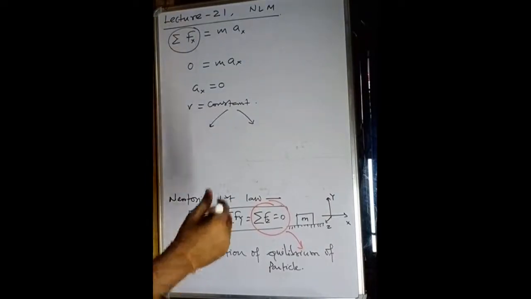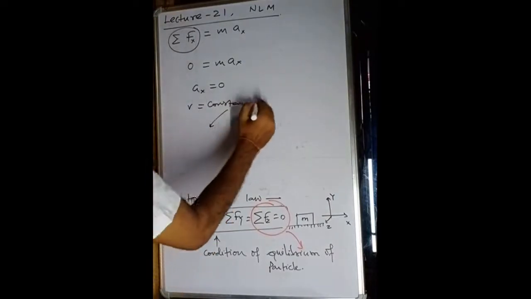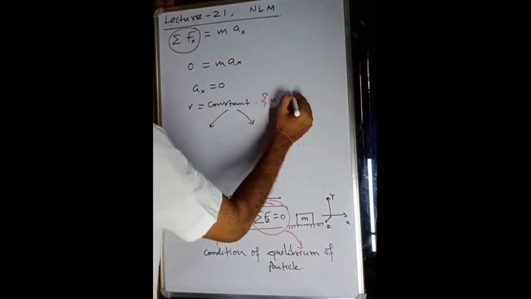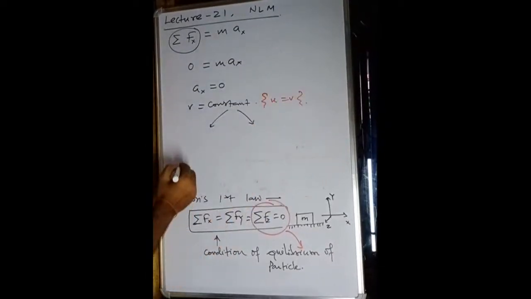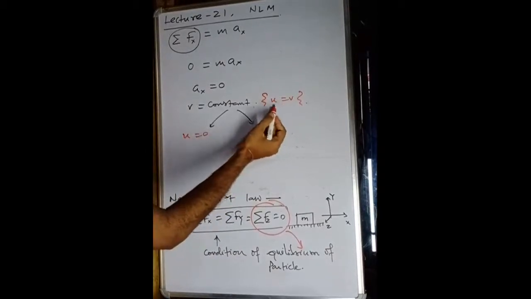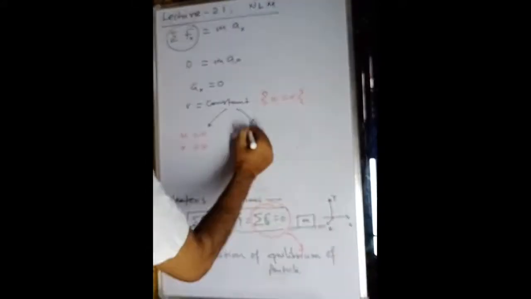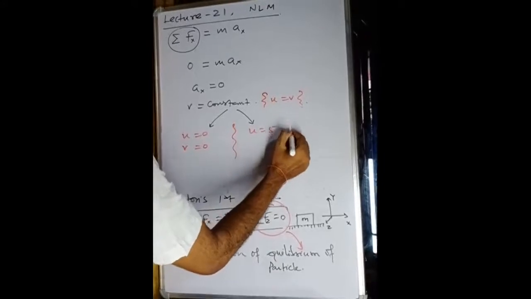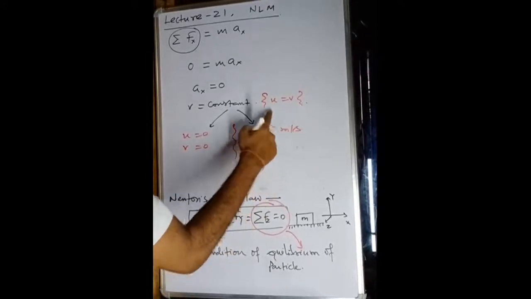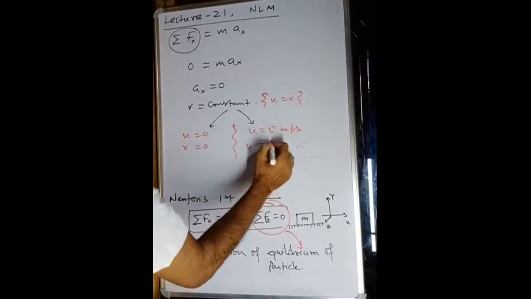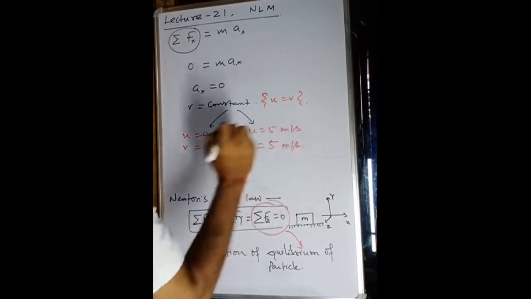If any body is moving, velocity constant, it means u equals v. Suppose any particle is at rest, so according to this, what will be the final velocity? It will remain at rest. If any particle is moving with 5 meters per second, what will be the final velocity? According to this, it remains in motion with 5 meters per second.